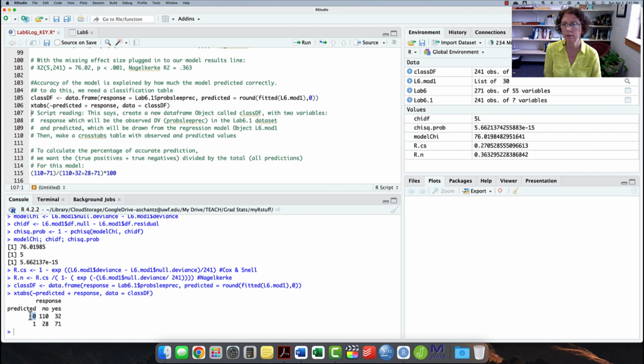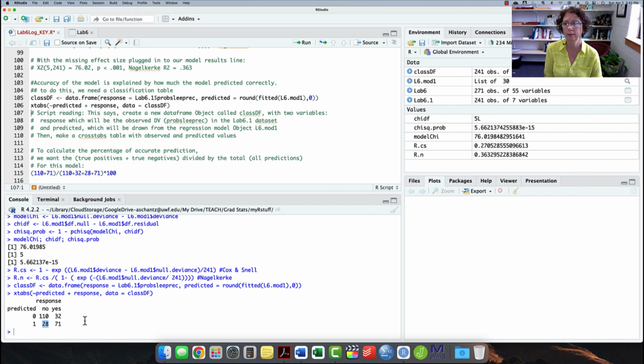We predicted they're not going to report a sleeping problem, and we were wrong. 28 here is a false positive. We predicted, yep, they're going to report a sleeping problem, but what really happened? No, they didn't. We take these values to compute the overall accuracy of the model.